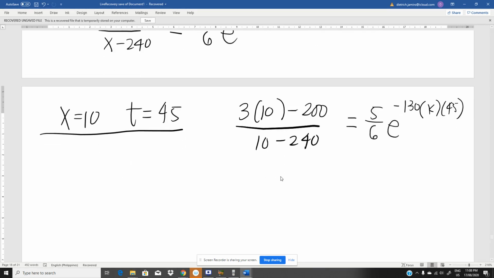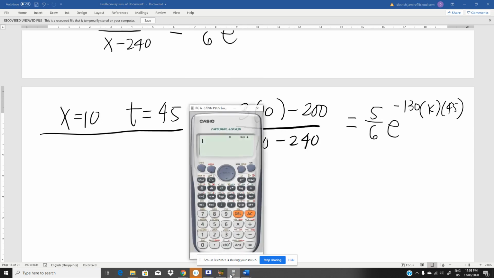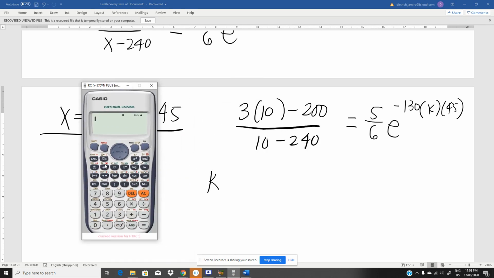Solving for k using our calculator, we enter 3 multiplied by 10 minus 200 all over 10 minus 240 equal to 5 over 6, then exponential of negative 130 times our unknown, which is k, times 45.